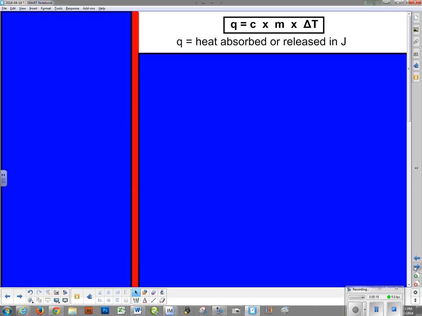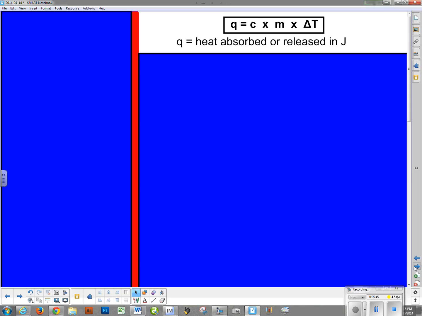All right, so now, when we put it on the grill, or when we put it in the pan, is the meat absorbing heat or releasing heat? Absorbing. If it absorbs heat, is the temperature going to go up or down?